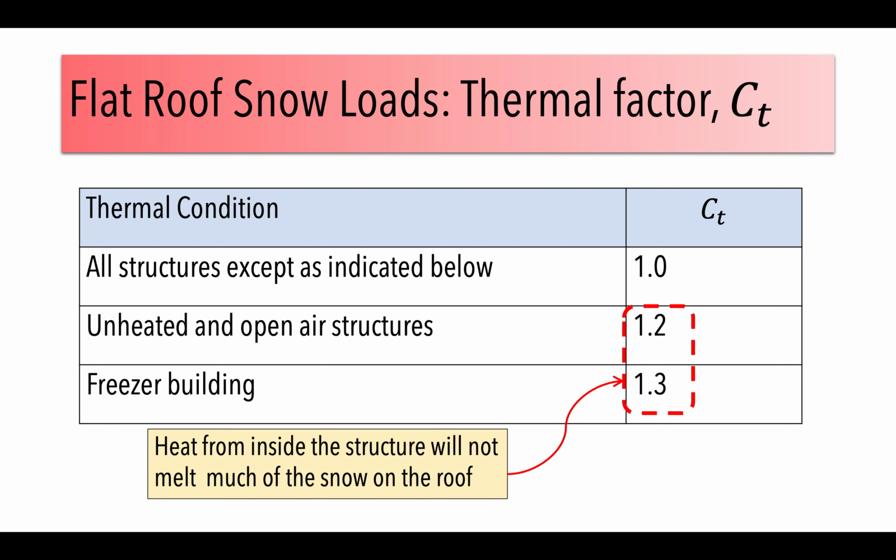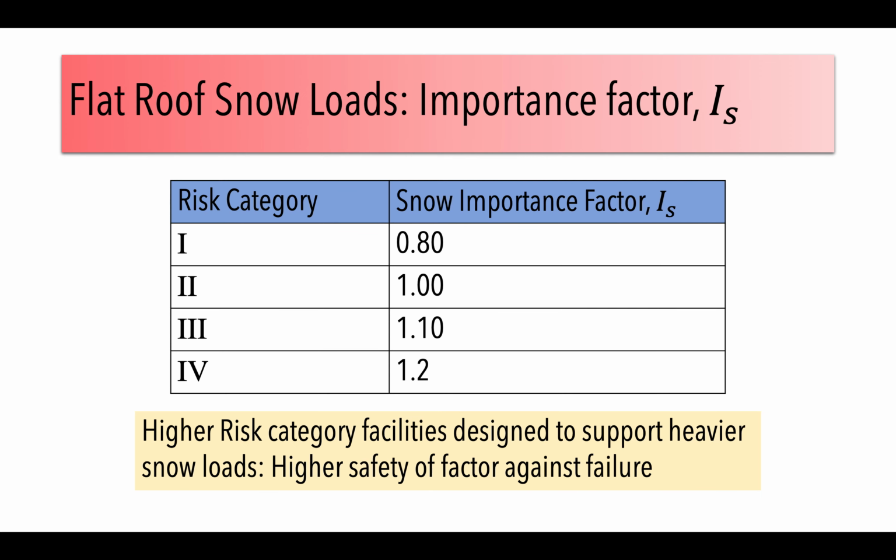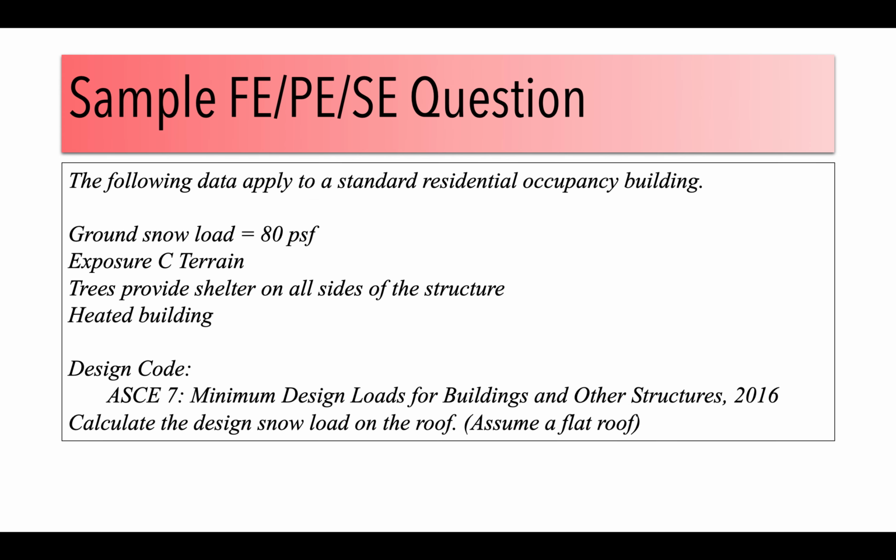So of course we have higher factors to accommodate for that situation where the snow is not going to be melted. Next, we have the importance factor. Again, this depends on the risk category, from risk category 1 until 4. Category 4 is for very important structures, so we need to multiply by a higher factor when designing these structures. And basically that's it.